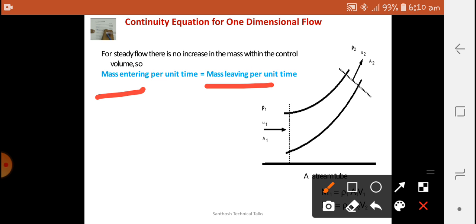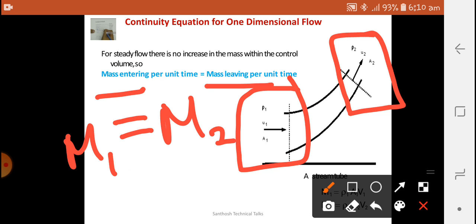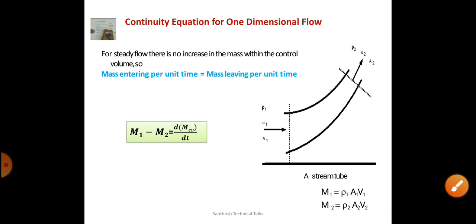That is the equation derived by continuity. The continuity equation is credited to Archimedes, the brain behind the continuity equation. He said that the mass m1 entering the system is equal to the mass leaving the system. Since it is a control volume, there is no chance of mass escaping. So that is the thing.